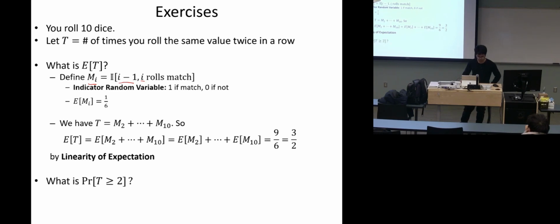Okay, so just for a quick check, can you say that this thing is smaller than 1? The probability that T is at least 2. Can you try to bound this thing? Actually, how should we bound it?